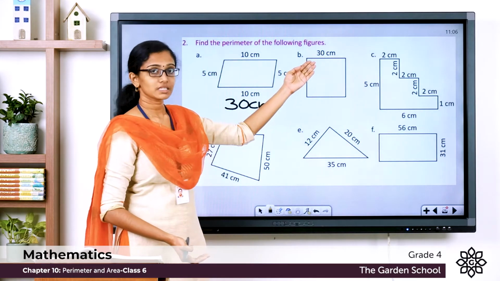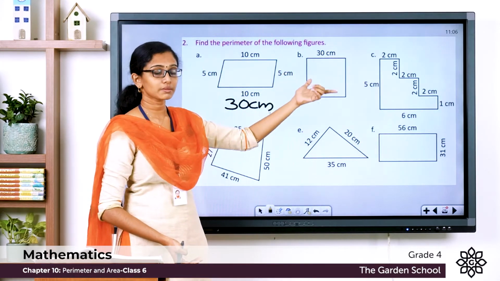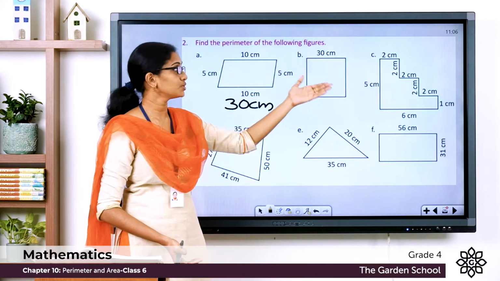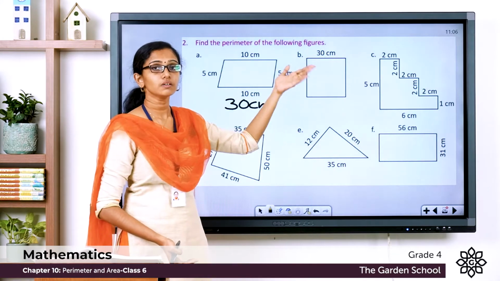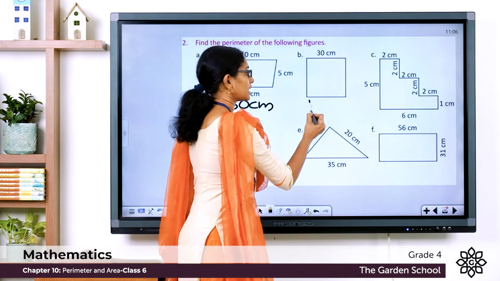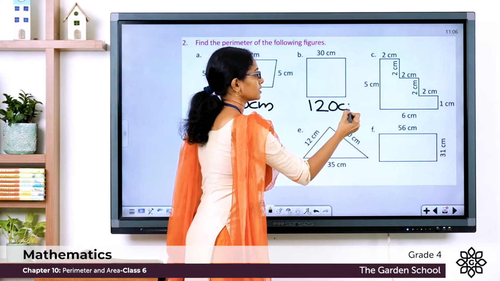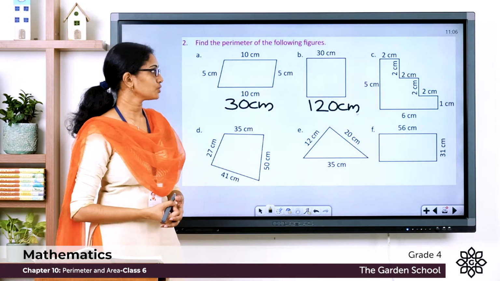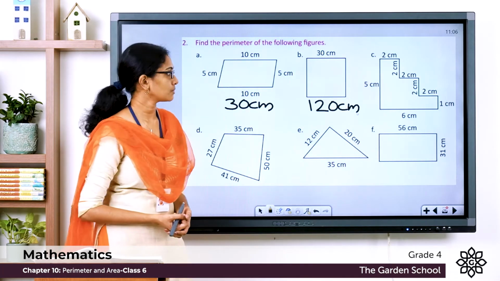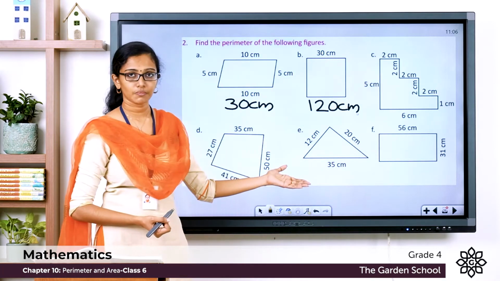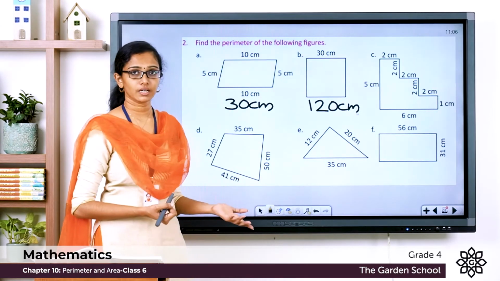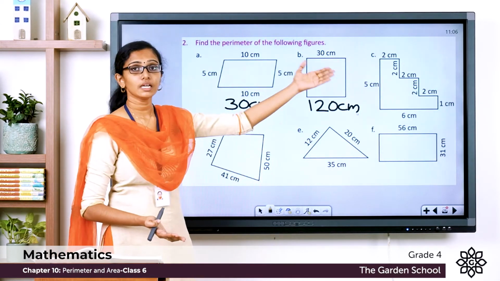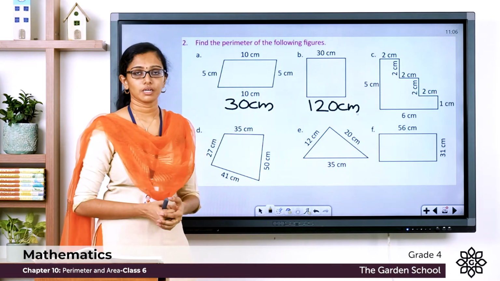So here the side is 30 centimeter, 4 times the side, or 4 into S, is equal to 4 into 30, which is equal to 120 centimeter. So for B, the perimeter is equal to 120 centimeter. So similarly, you can find the perimeter of all the other figures given here. Just add up all the lengths and you will get the perimeter of the figure.